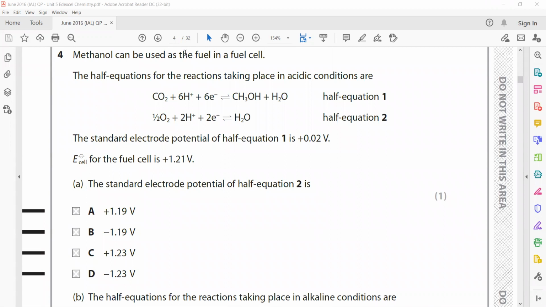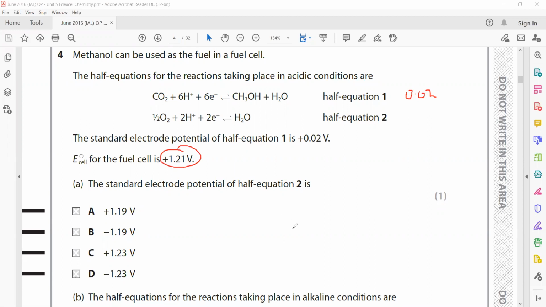The next question: methanol can be used as a fuel in a fuel cell. The half equations for the reaction in acidic conditions are given. The standard electrode potential for the first one is 0.02. What is the standard electrode potential for the second half equation, if the fuel cell voltage is 1.21?